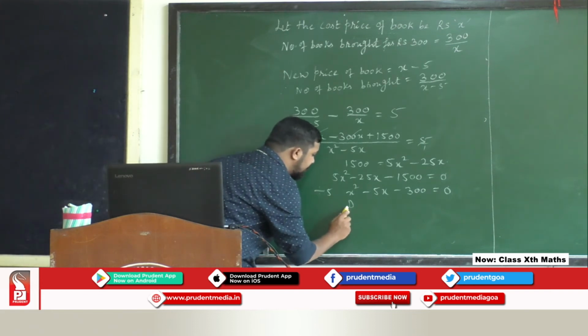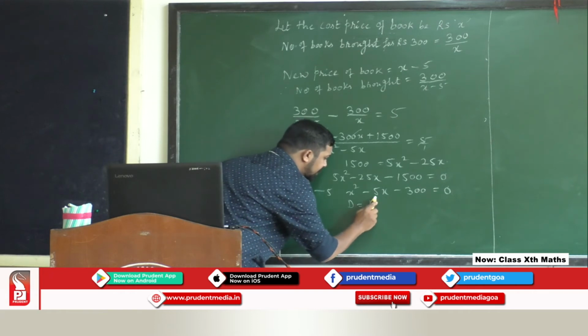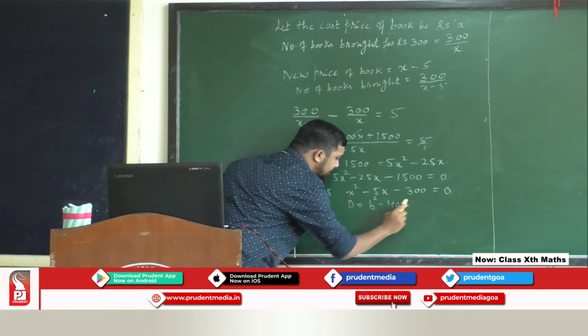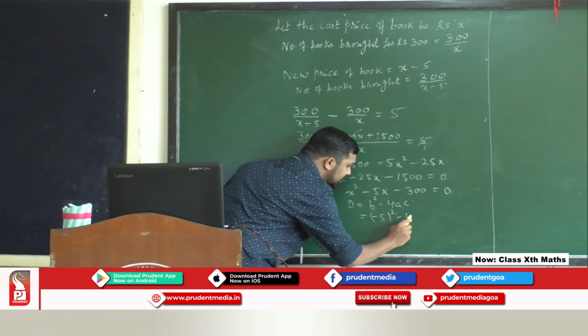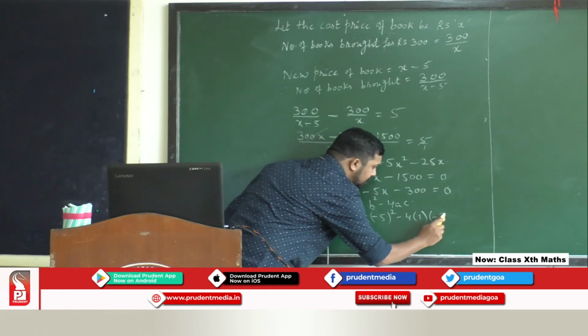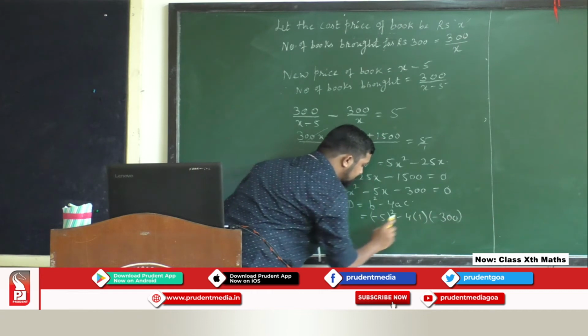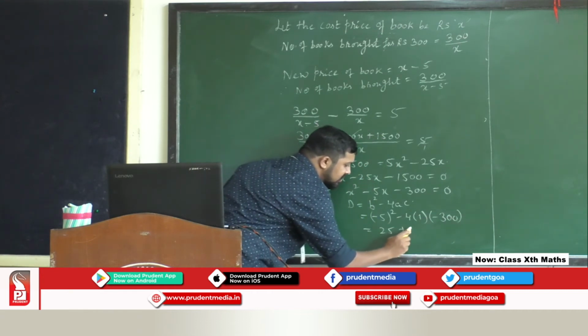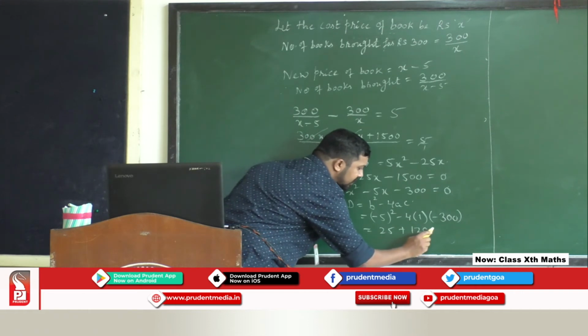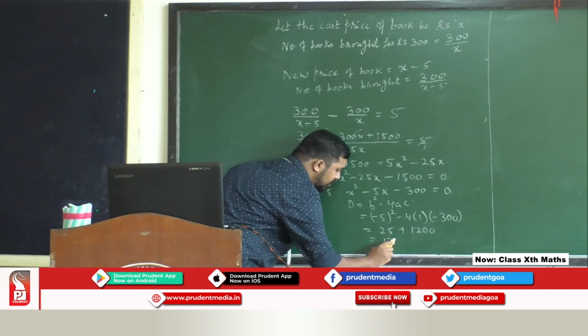Solve, find D, b square minus 4ac, so minus 5 the whole square, five square is 25, minus into minus plus, 4 3s are 12, 1225.